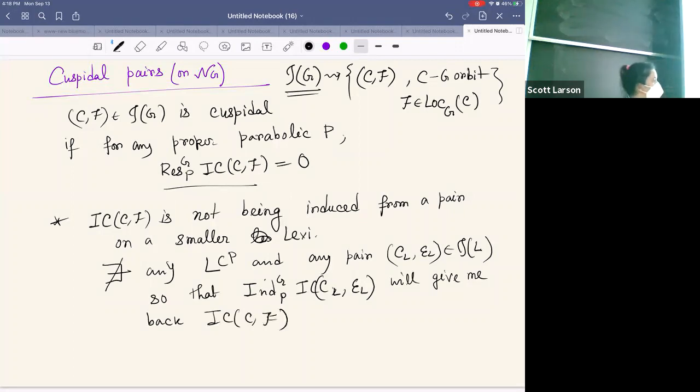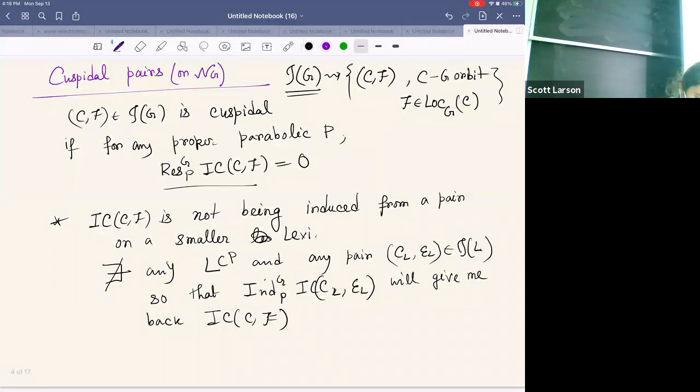So I can use both definitions, and you can see it can be proved very easily by the adjointness, restriction being left adjoint to the induction. So that's the definition of cuspidal.